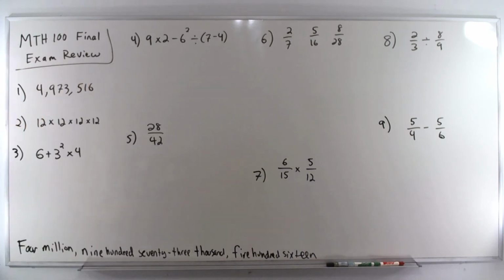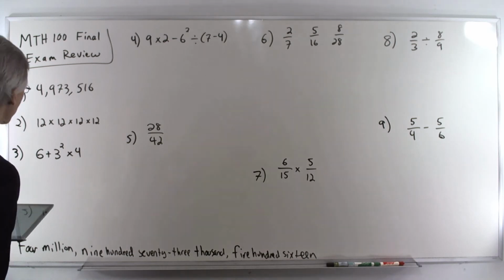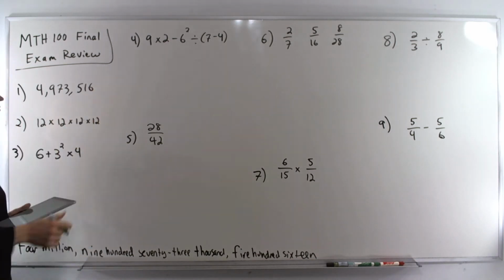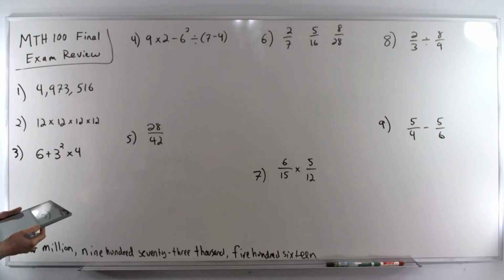So 4,973,516. Notice there's no "and" in this number. Never use "and" when translating numbers unless there's a decimal point, because that's a keyword reserved for the decimal point.